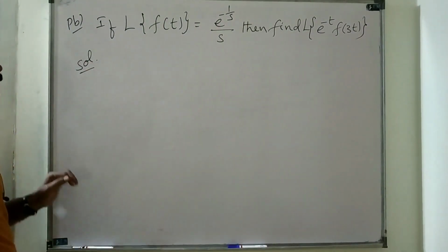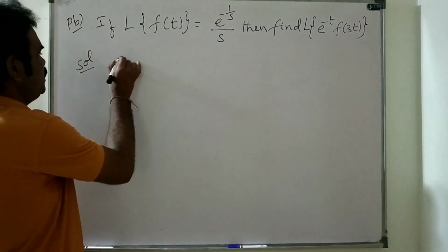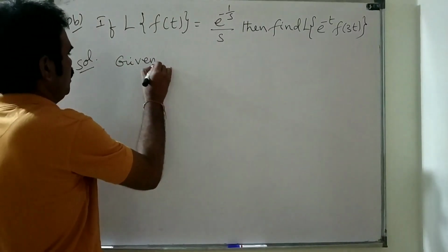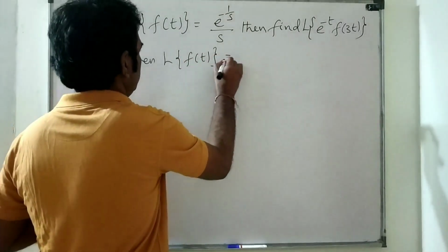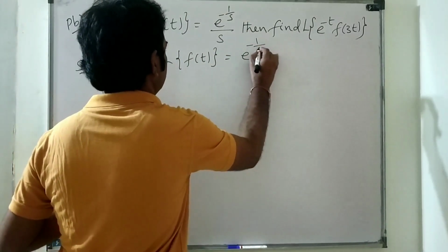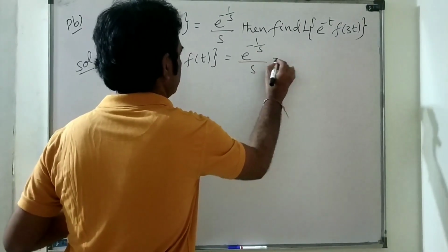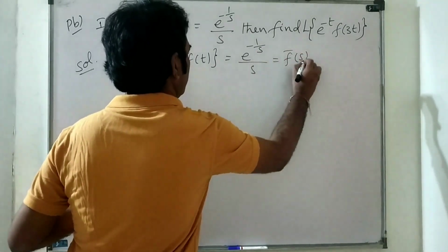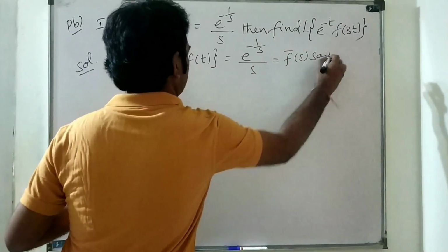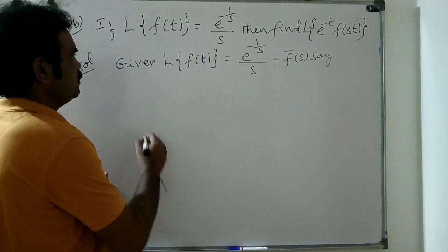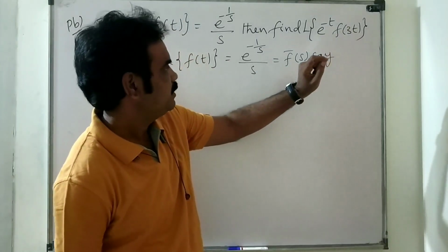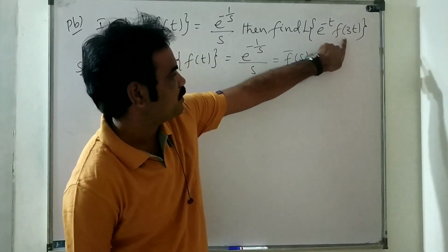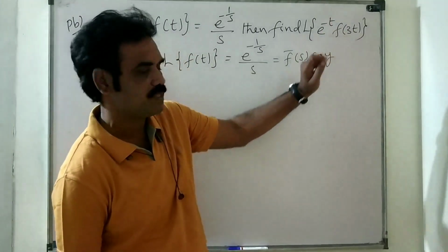Solution. Given L of f of t is equal to e power minus 1 by s all by s. Say this is f bar s. Now to find the Laplace transform of e power minus t into f of 3t, first I have to find the Laplace transform of f of 3t and then we use the first shifting property.